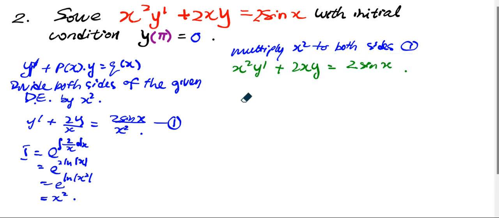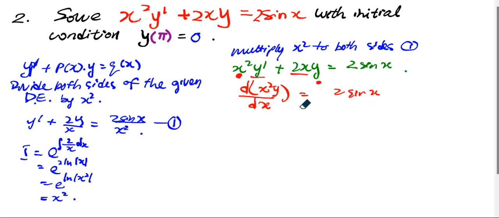Now, please pay attention very carefully to what is happening here. On the left-hand side, the derivative of x squared is 2x, and the derivative of y is y dash. So we take the two elements with the red dot below and write it here: x squared y is equal to 2 sine x.